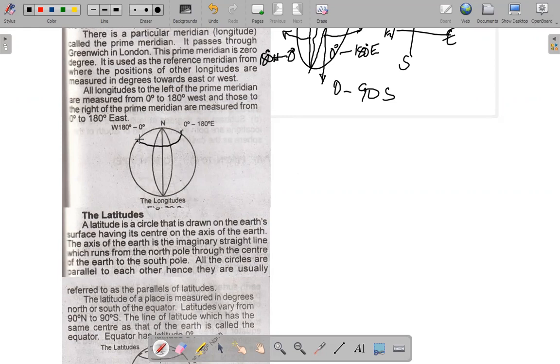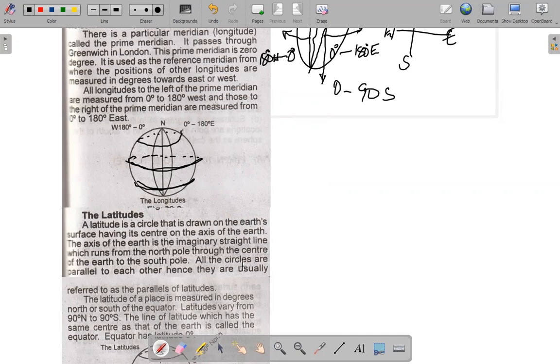you agree with me that the center of this circle is on the axis of the Earth. If I draw another one, which happens to pass through the middle, which we call the equator, the center is also on the axis of the Earth. So all lines of latitude have their center on the axis of the Earth.